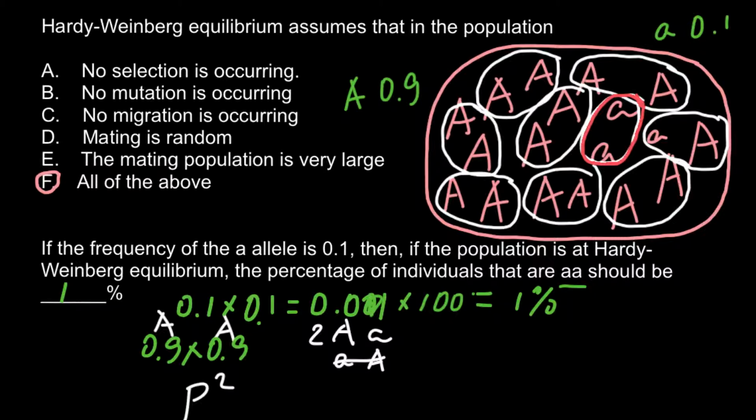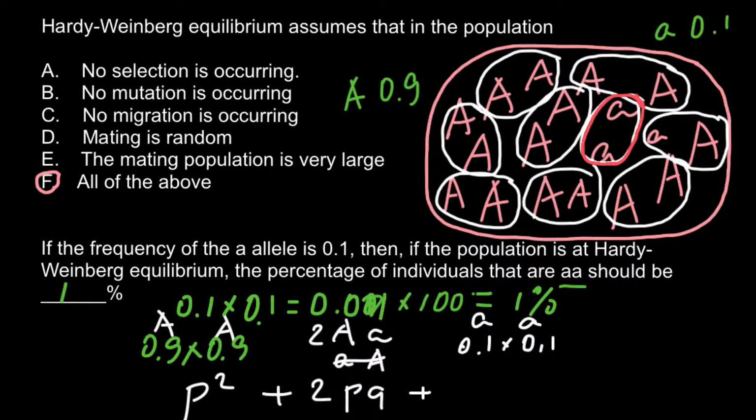So in our formula we have p squared plus 2pq, where capital A stands for p and small a stands for q. Plus the other variant: 0.1 multiplied by 0.1, the probability of the small allele a and another small allele a.